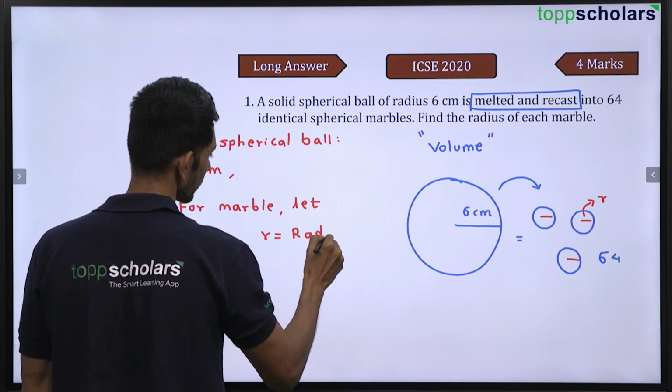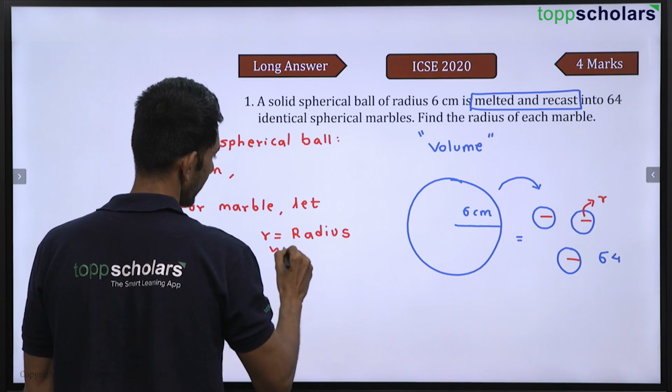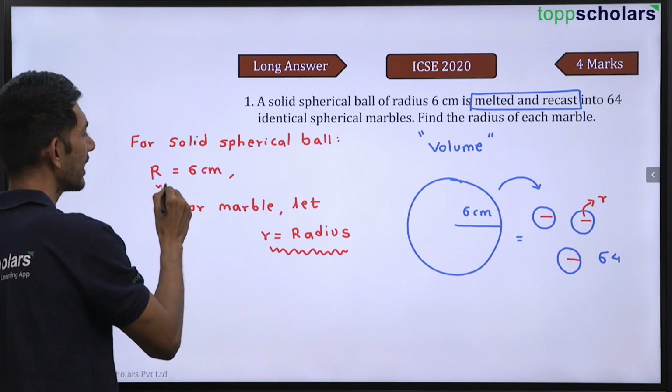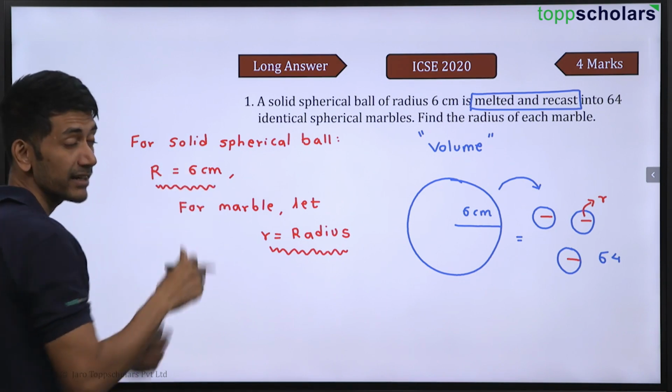So we are considering small r as the radius of the marble, and we are considering capital R as the radius of the spherical ball.